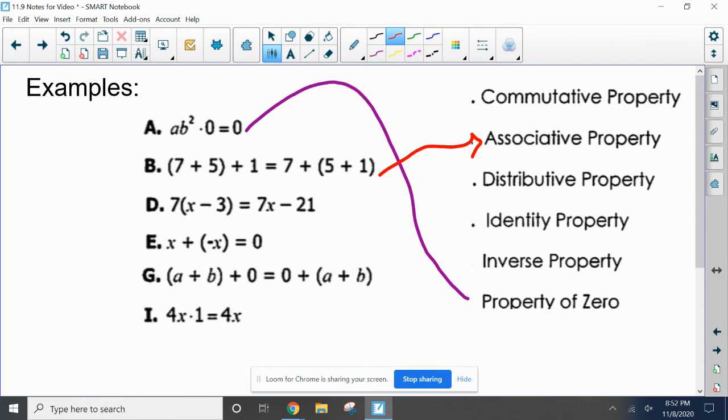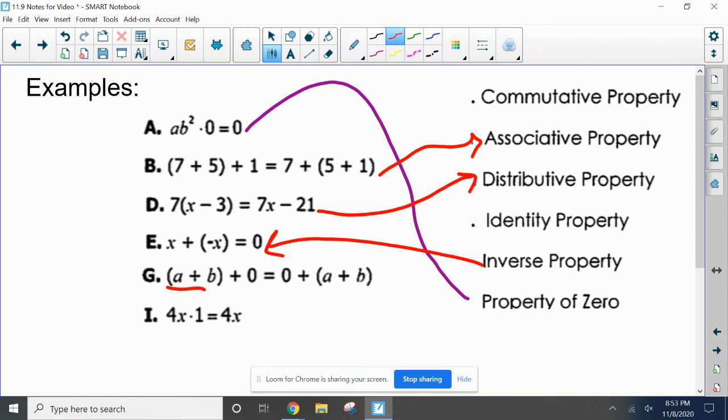All right, D says that 7 times x minus 3 is equal to 7x plus 21. What did we do from the first part to the second part? That's right. They distributed that 7 to show you that those two are equal. All right. Which one states that if I have a positive and a negative of the same number and I add them together, I'm going to get 0? My inverse property. This is our inverse of addition. All right, and then G, I have a plus b plus 0 is equal to 0 plus a plus b.